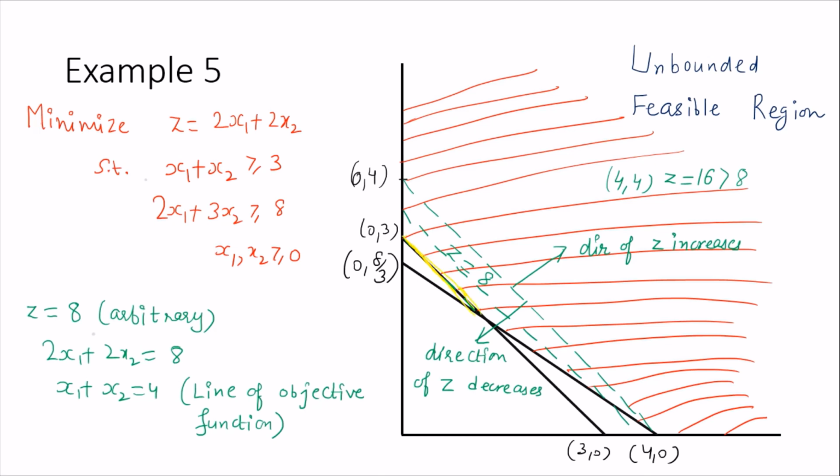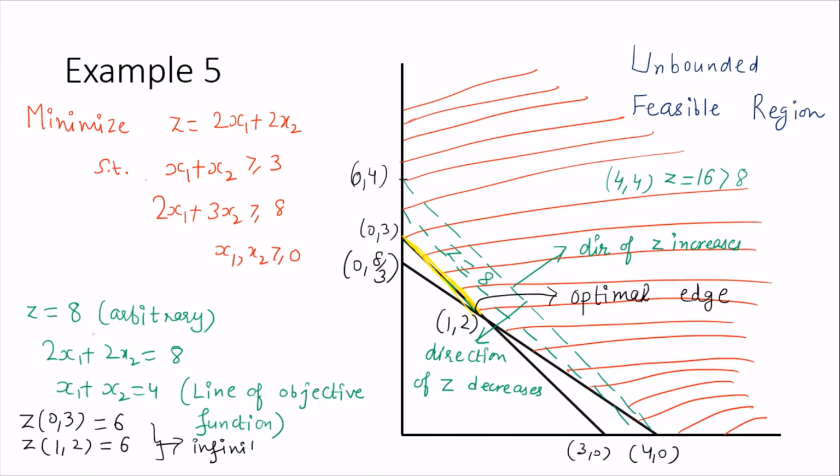So here it's not one point, but it's actually a combination. It's the edge joining 2 points 0, 3 and 1, 2. So in this case also I am getting more than one optimal solution. 0, 3 is also giving me z 6 and 1, 2 also giving me z 6.